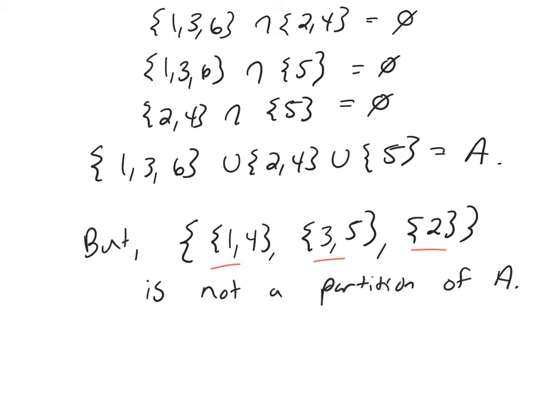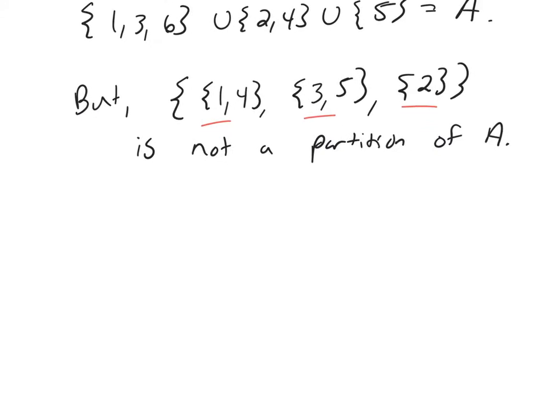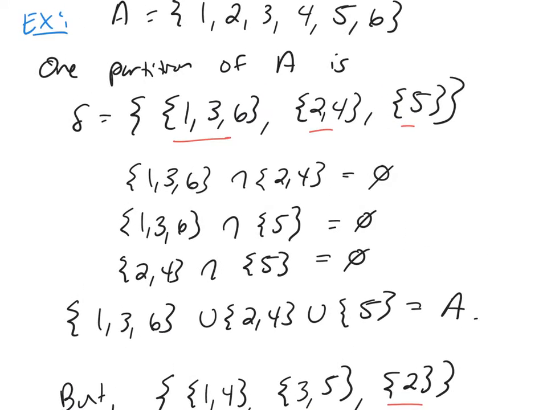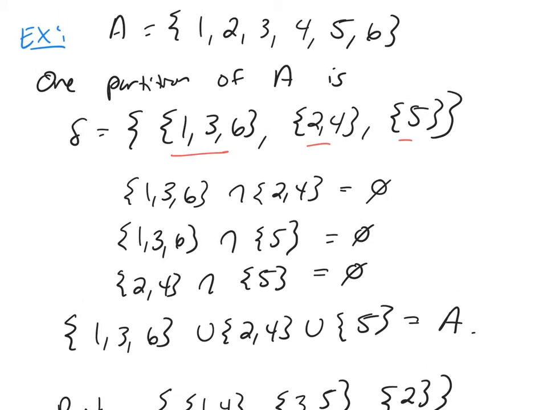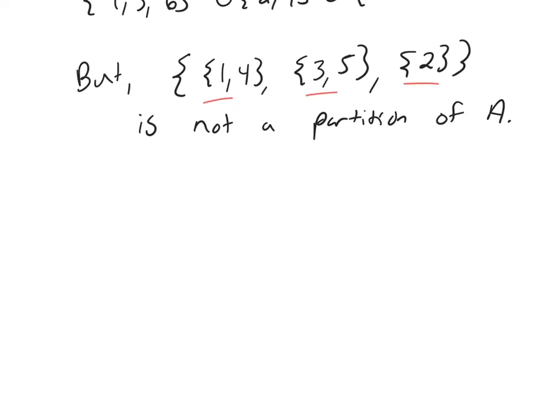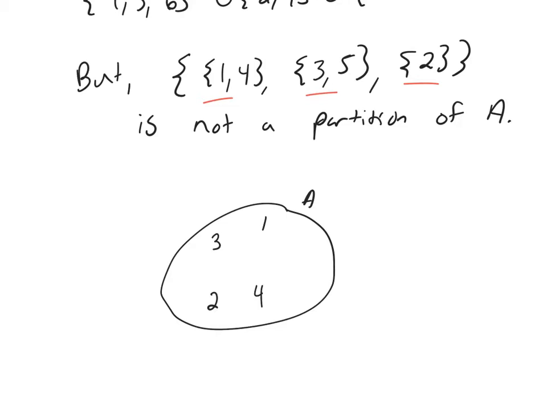So I kind of want to give you a picture idea of what is going on when you have a partition. So for example, let's take this partition that we had here of the numbers 1 through 6. Remember when we were doing Venn diagrams, we represented a set with a circle. So let's say this is my set A, has the numbers 1, 2, 3, 4, 5, and 6 in it.